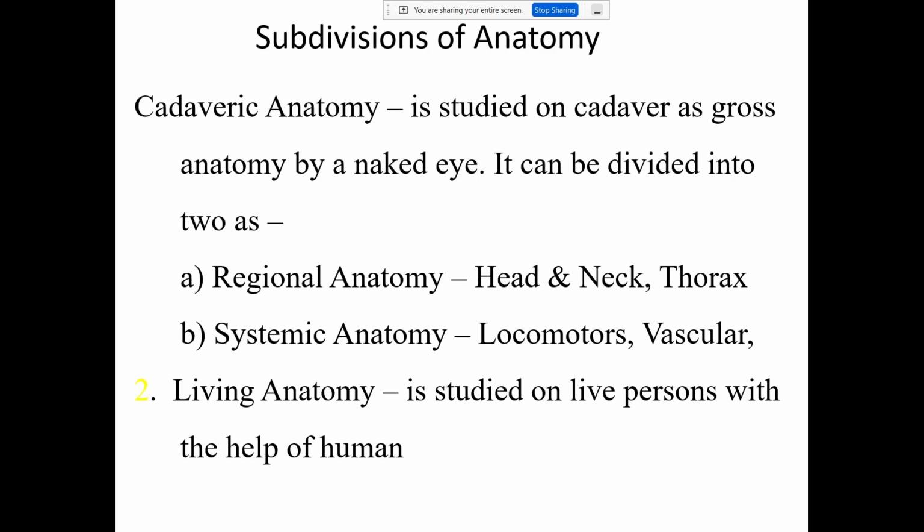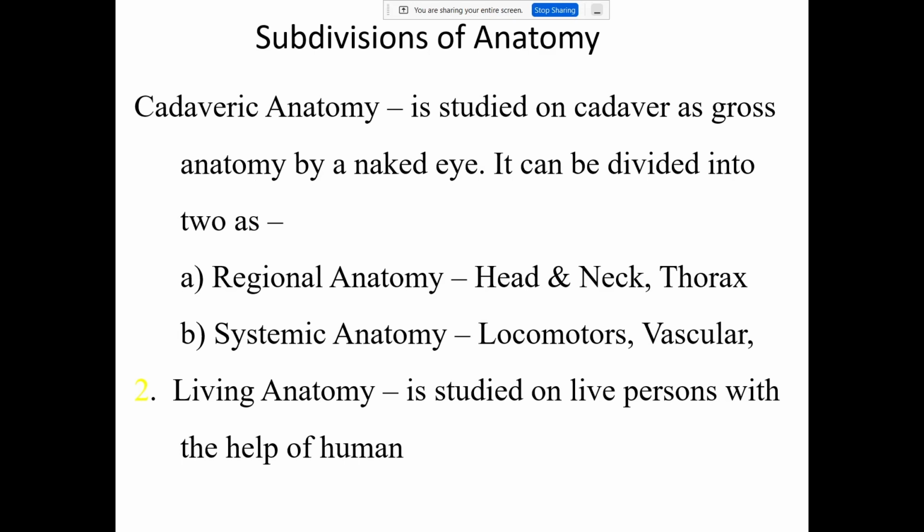Then further subdivisions. Under the division there are subdivisions. For example, if we take the upper limb, the two, right and left, then again the limb is divided into sub portions like shoulder, arm region, forearm region and hand region.